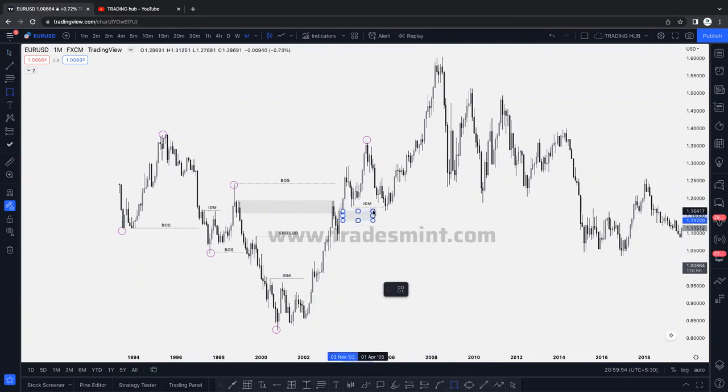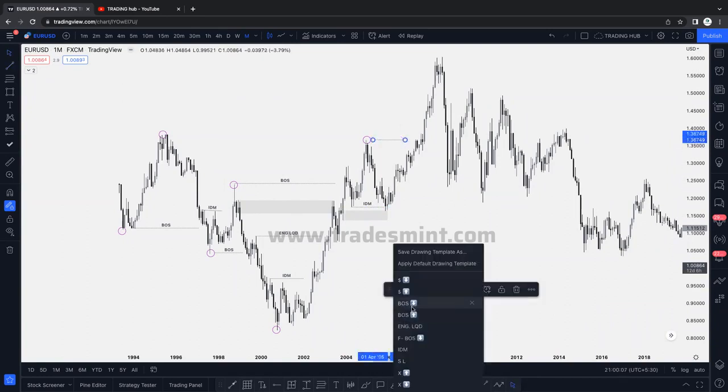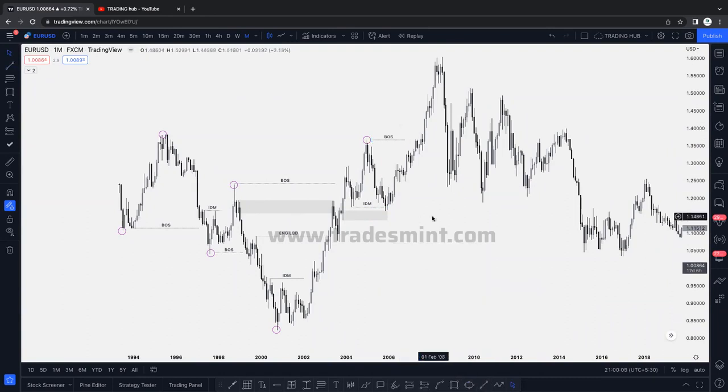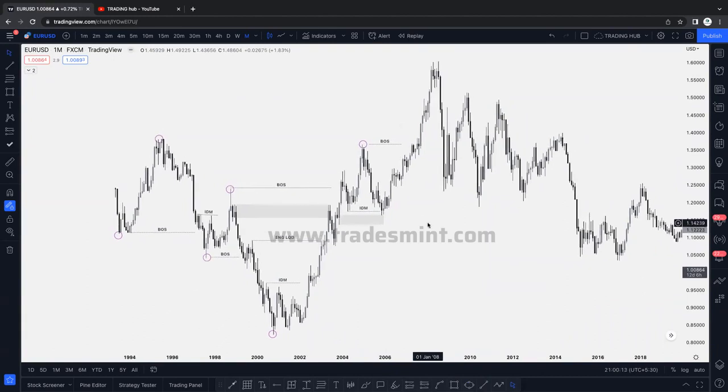And at this point, some demand, probably an order block, and then the market pushed higher. And again, what happened here? It broke the structure. Correct.